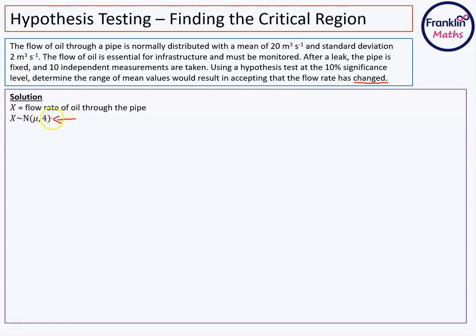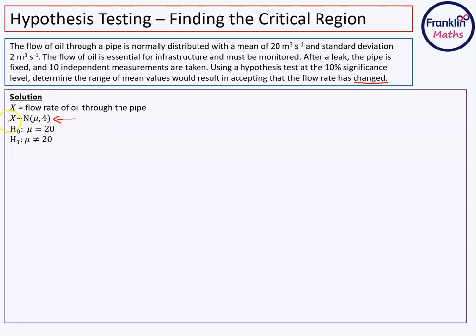Don't forget to do that. It's the biggest mistake I see, mixing up the variance and the standard deviation. Write it down every single time until you get fed up with it. H0: the mean hasn't changed. And H1: the mean has changed. So this is going to be two-tailed. We're going to try and find the values where we go, hang on a minute, there's been a change. Let's see what's going on.